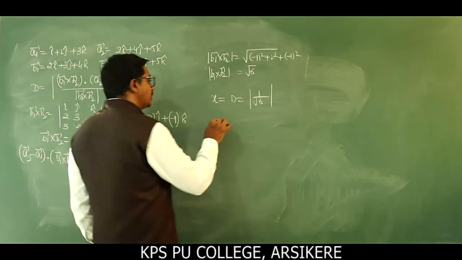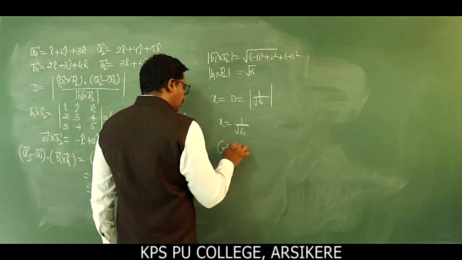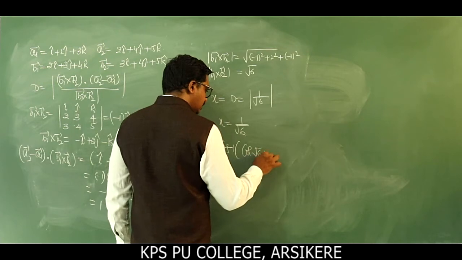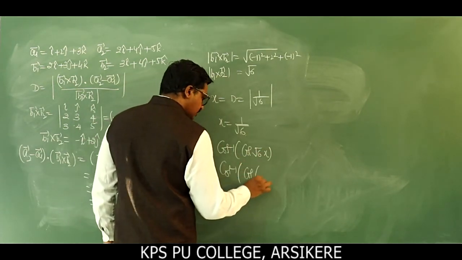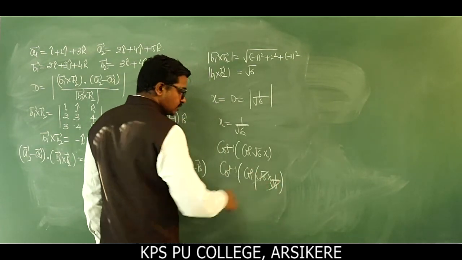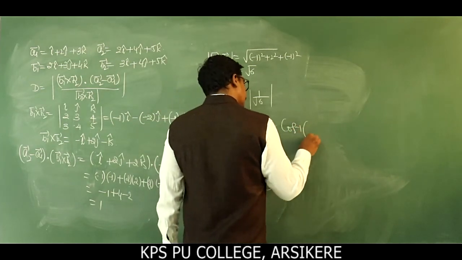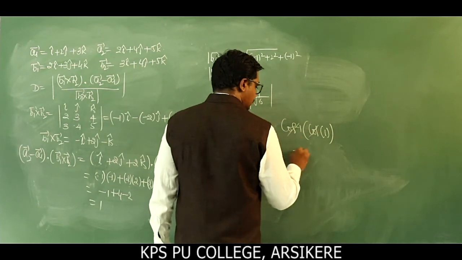Therefore x is equal to what? 1 by root 6. Here we have to find cos inverse of root 6 into x. Substitute here: cos inverse of root 6 into 1 by root 6. Root 6 would get cancelled. We are left with cos inverse of cos 1.